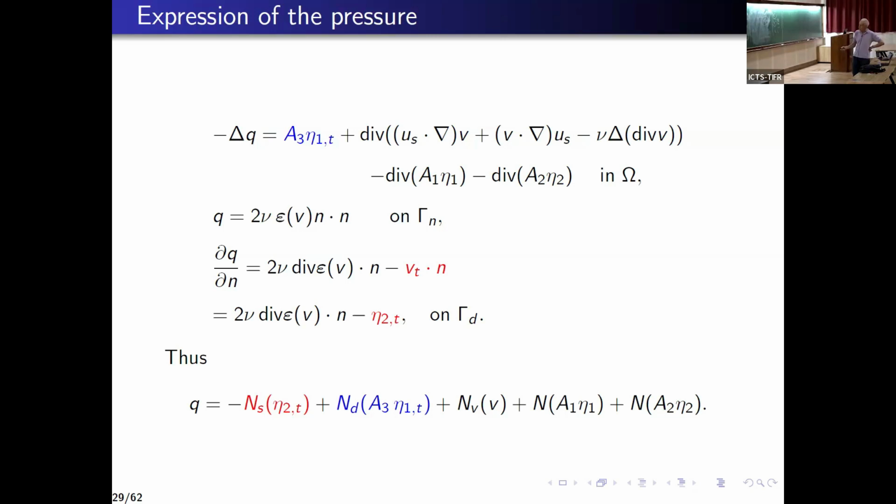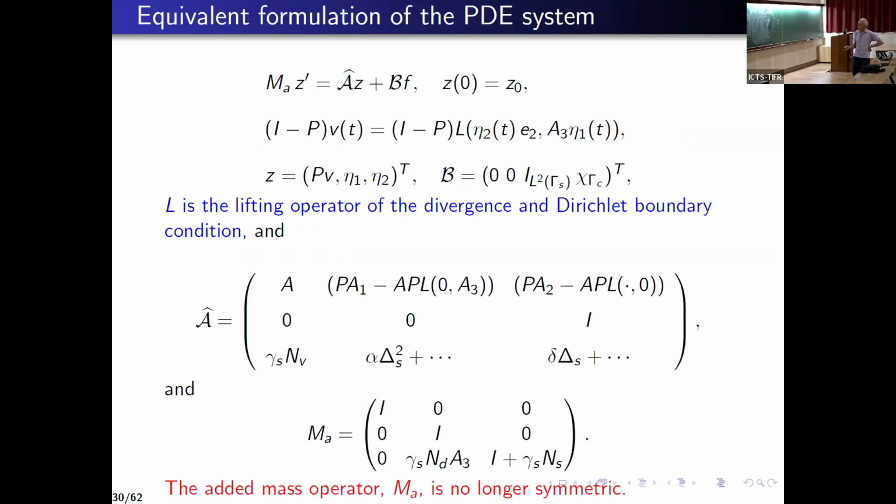And because of this additional term, which comes from the divergence condition, we end up with something similar to the previous form, but now with an operator here which is a little bit more complicated, and an operator here which is no longer symmetric because of this additional term.